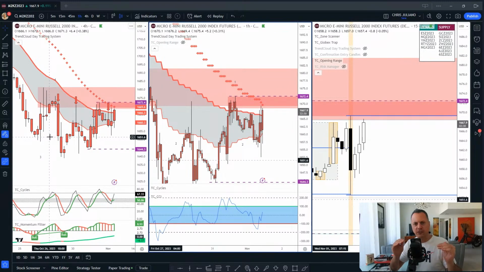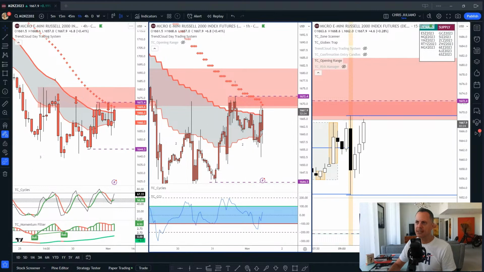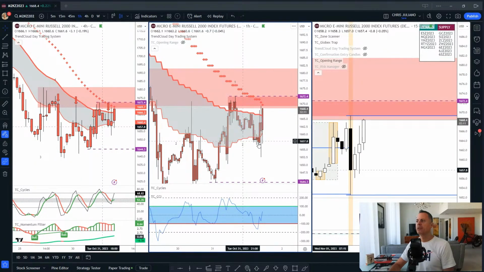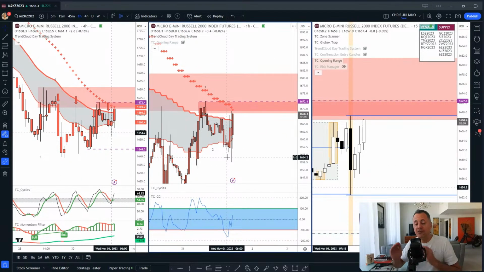Those are two different things. Level of imbalance between buyers and sellers is represented by your supply and demand zones, these green and red boxes. Levels of support and resistance are represented by your trend cloud. So when you have both of them together, wow, you've got something very powerful.